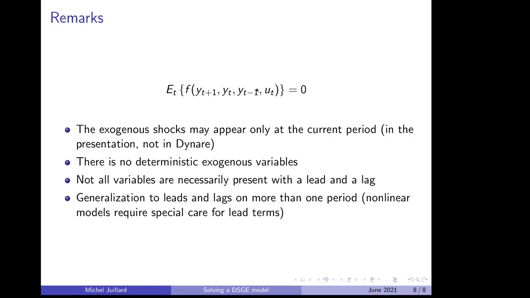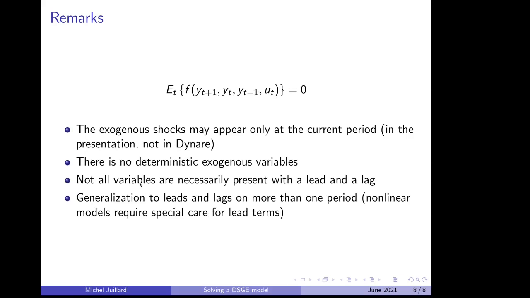You cannot introduce exogenous effects that would be known in advance. We have an extension of the model in Dynare that lets you take into account a sequence of known shocks in the future. But I'm not going to develop the algebra for that case.